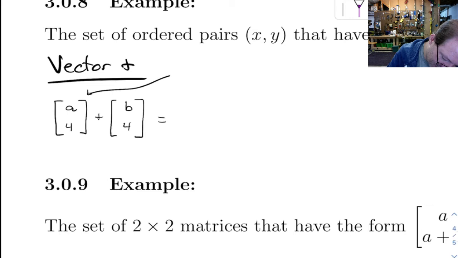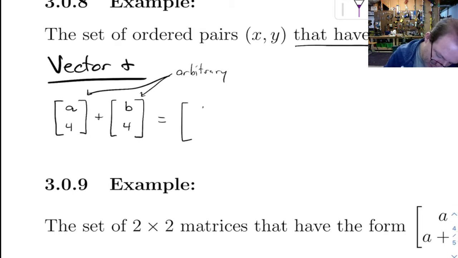So these two guys are arbitrary vectors that have the right form. When you add them together, though, the top is A plus B, which is fine, but the bottom is 8. So does this have the right form, namely that y is equal to 4?